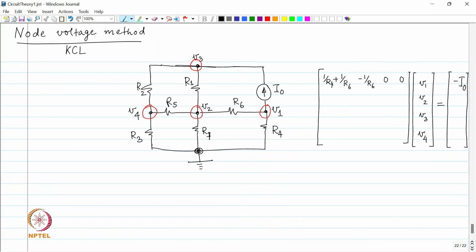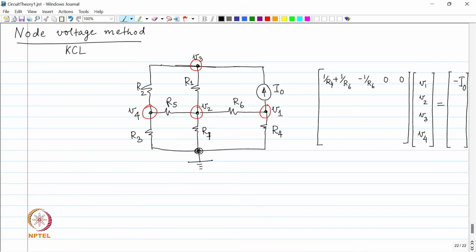I am saying something, I am writing something else. So, please pay attention to how I have jumped. I have jumped multiple steps and done a rearrangement. I have moved I naught from the left hand side to the right hand side, and I have grouped the terms in a way that the matrix multiplication happens. I have grouped the V 1 terms together, the V 2s together, all the groupings have been done. Is this okay? Is this first sentence clear? Clear? Okay. Next we move to V 2.